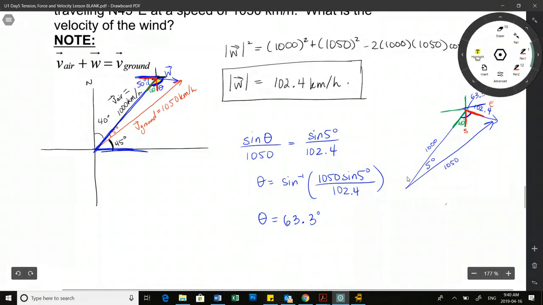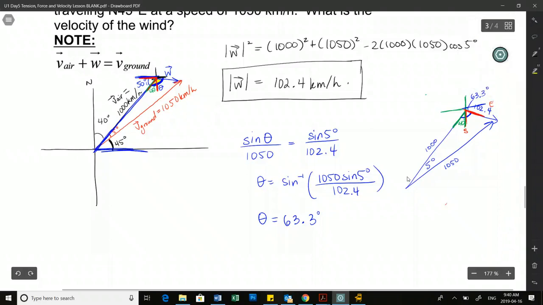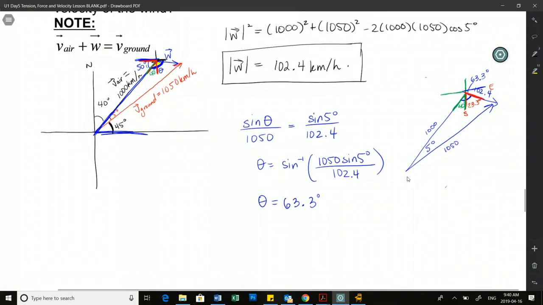And I know if this little slice here that we found in the green is 40, and the whole thing is 63, then I should be able to just subtract 40 from 63.3, which gives me 23.3 degrees. And I can say south 23.3 degrees east.